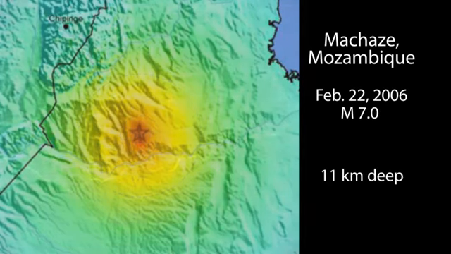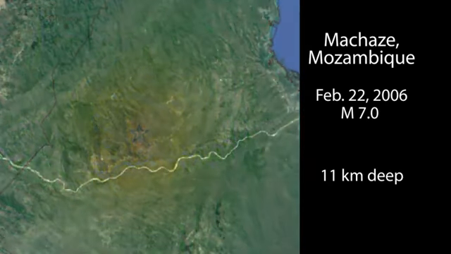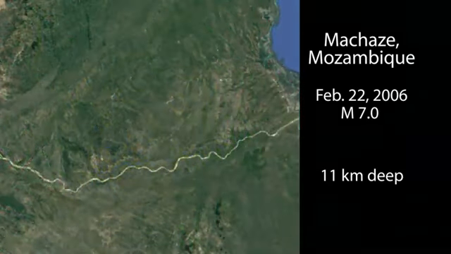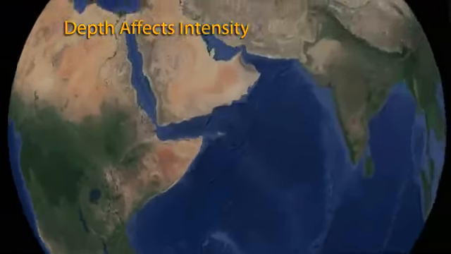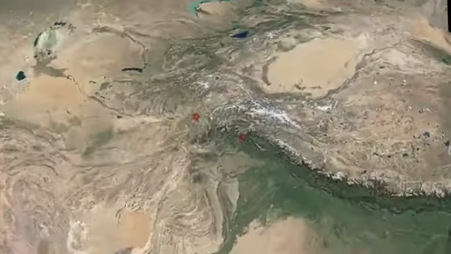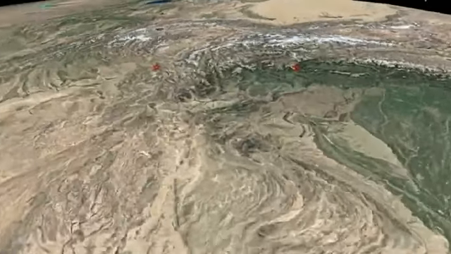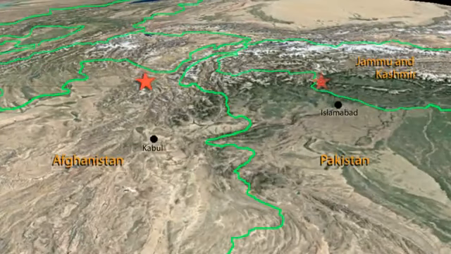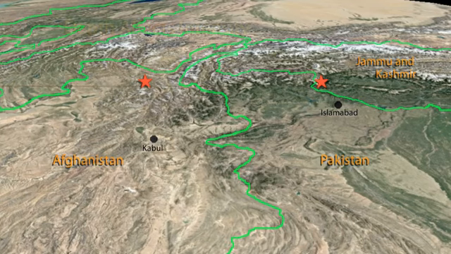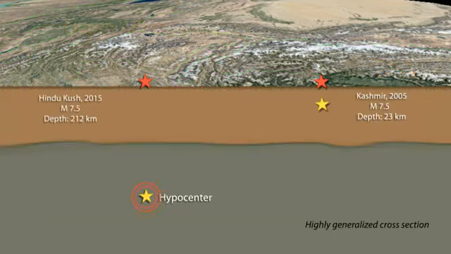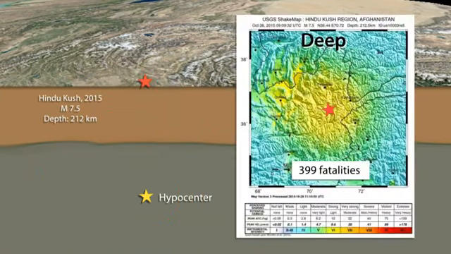Remember, earthquakes occur inside the Earth, not on Earth's surface, so let's consider the effect of earthquake depth on ground shaking intensity. To see this principle applied to earthquakes, let's examine two earthquakes of the same magnitude with nearby epicenters, but with hypocenters at different depths. In 2015, the magnitude 7.5 Hindu Kush earthquake occurred 212 kilometers below Afghanistan.